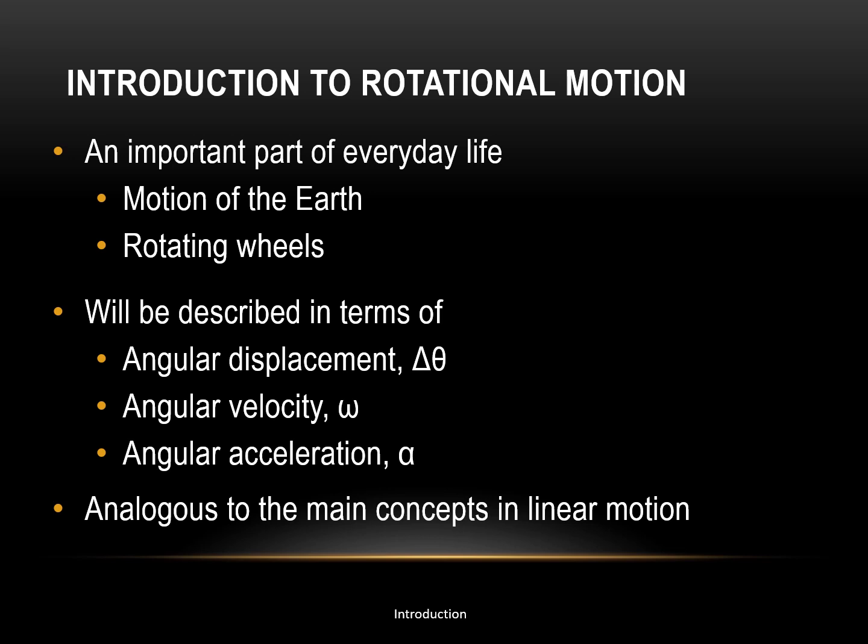Understanding uniform circular motion is essential in various fields, including physics, engineering, and astronomy. Here it will be described in terms of the angular displacement, angular velocity, angular acceleration, and then the analog to the main concept in linear motion.